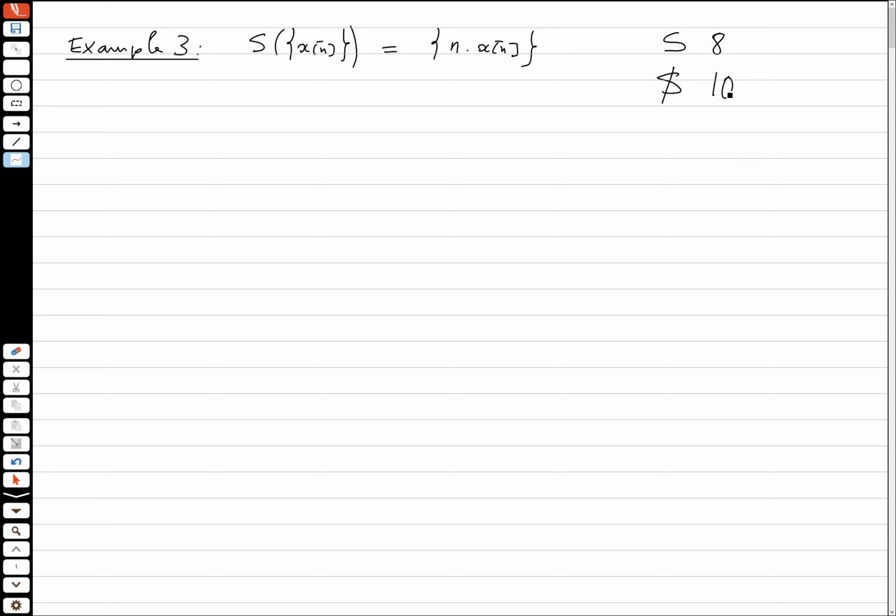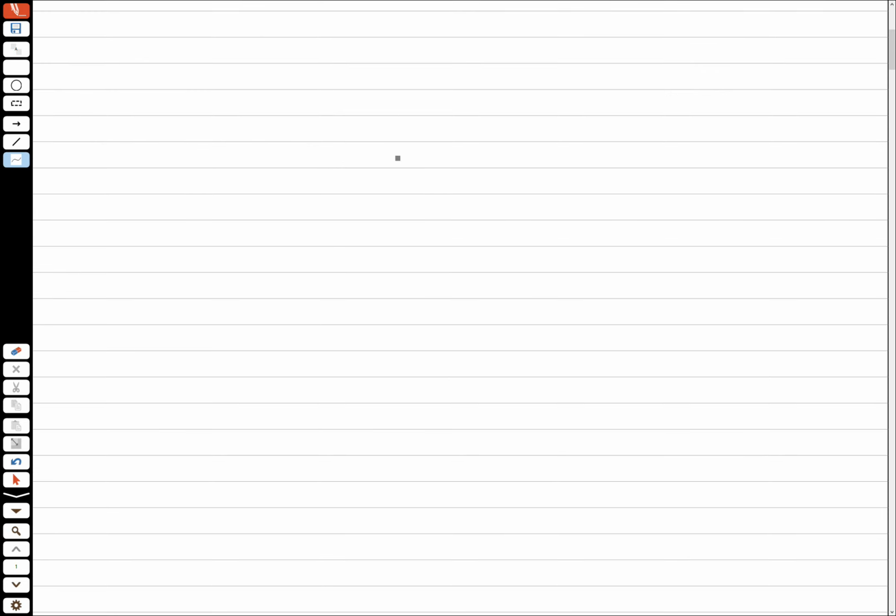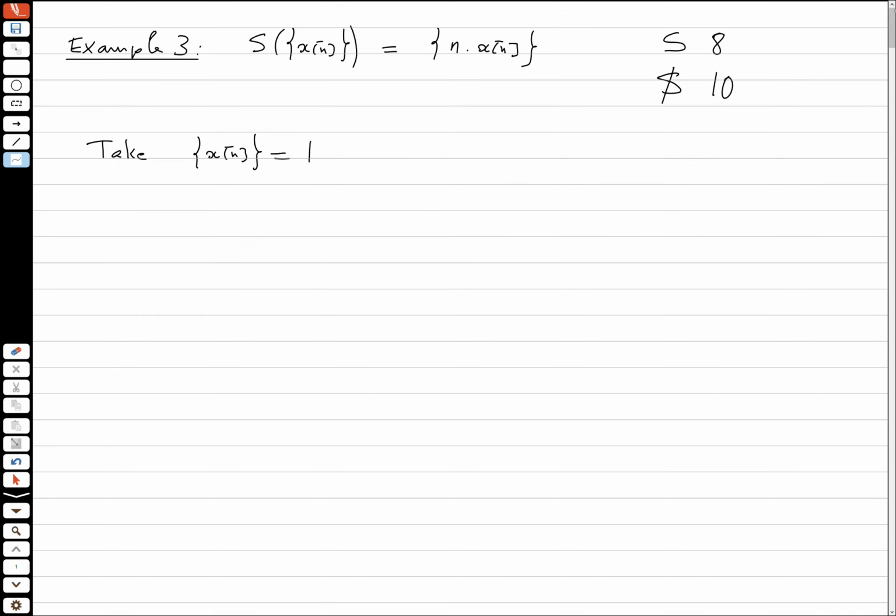That was easy. Look, take x of n equals 1. Is that a bounded input? So you remember the notation, what that means? This is constant, n equals 1, and is bounded. So what is y of n?